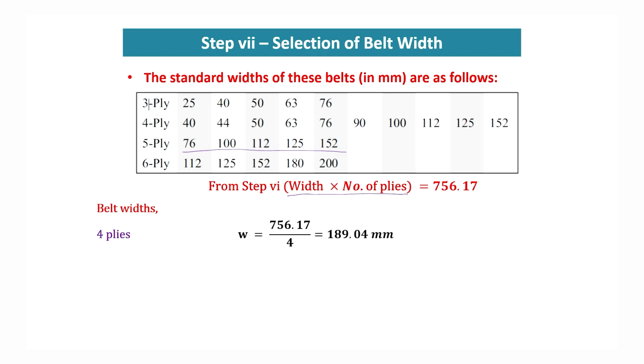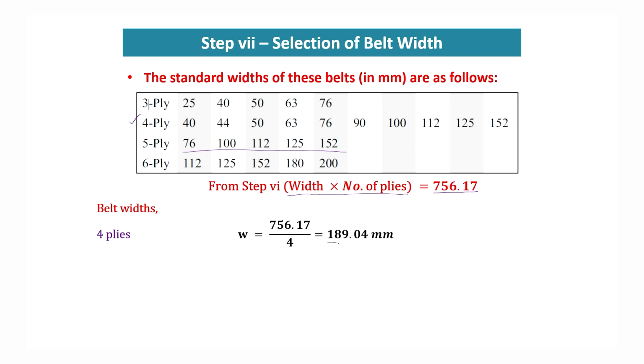Now, let us find the width. If we are selecting 4 ply, then the width will equal 756.17 divided by the number of plies, which is 4.